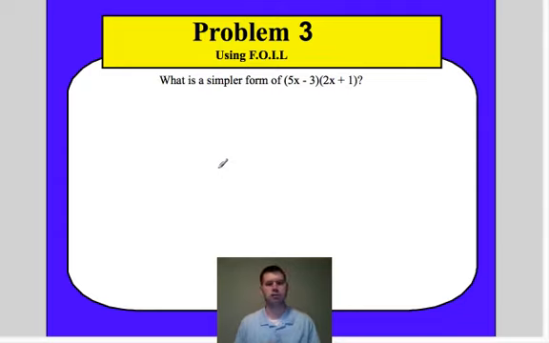Okay, problem 3, we're going to skip problem 2. We're not going to do it by the tables. We're actually going to go right into what we call FOIL. First we're going to define what FOIL is, so you might want to note this. FOIL means first, which is like the first terms.